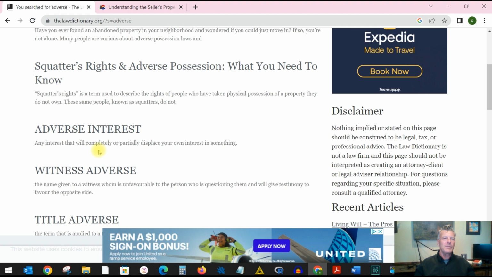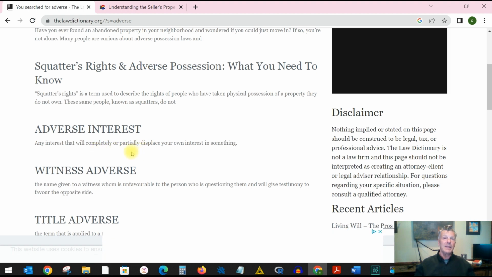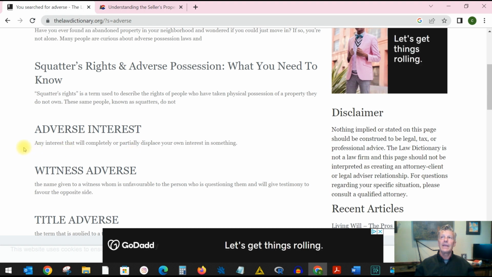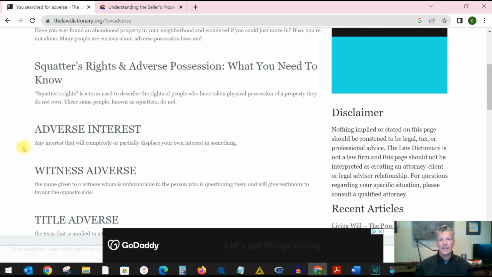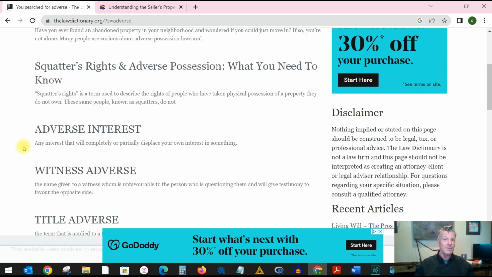So if there's something about the property, title, physical condition of the property, anything that affects the property, that would cause you to partially or completely no longer desire that property, that means it's adverse. And that's not the super clean definition we would all love to see, but that gives you a pretty good idea. If it would ruin your desire for the home, it is an adverse condition. Sound fair enough?